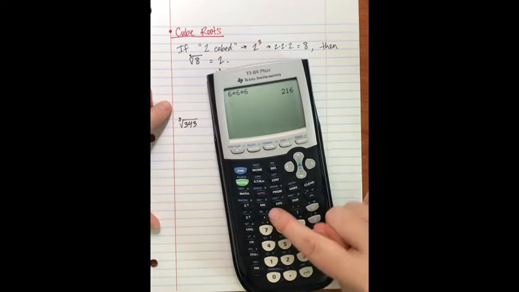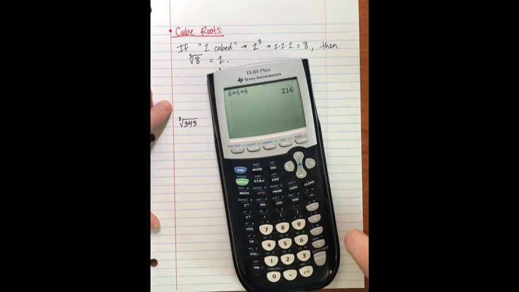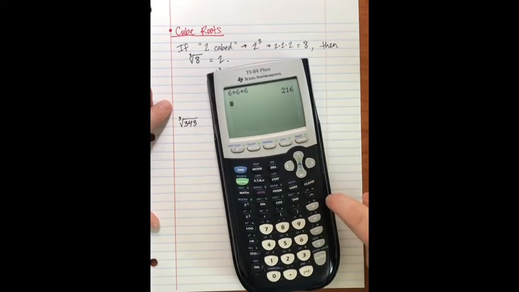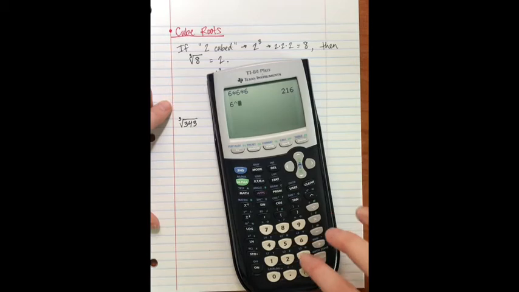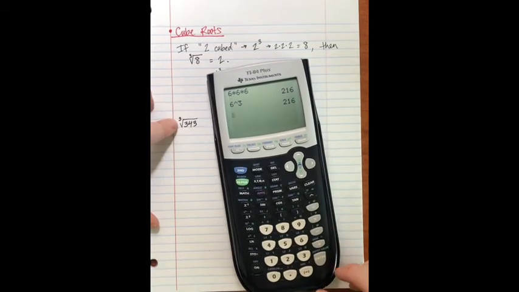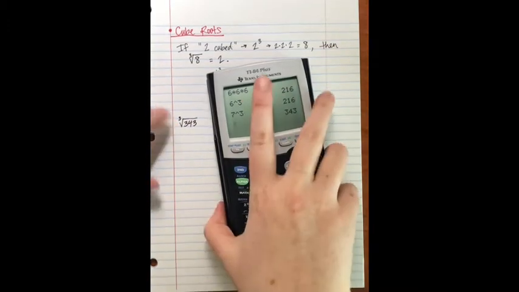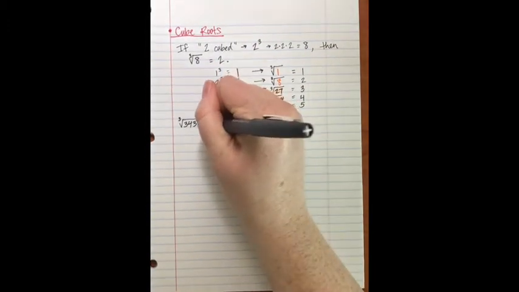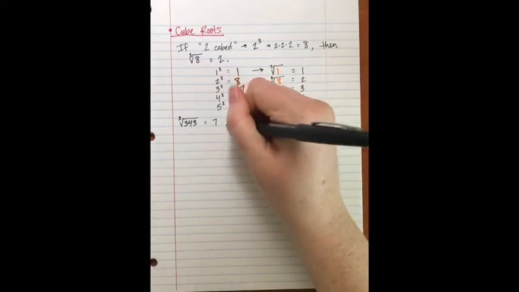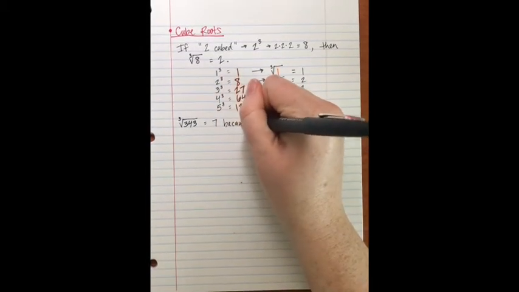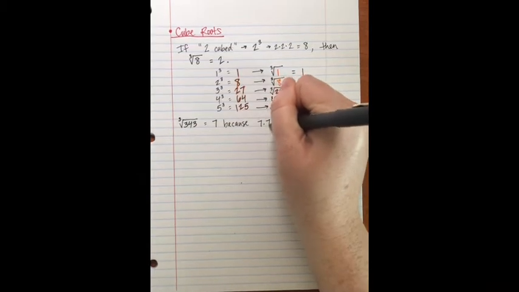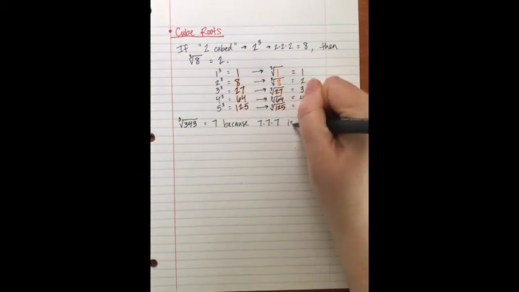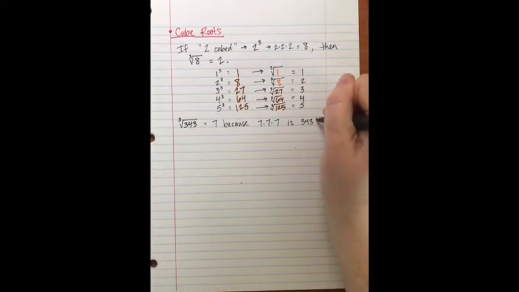Okay, and if you remember, you all should have a little exponent button. It looks like probably something like this on your calculator, the little upward arrow. I could also type it in like that, 6 to the 3rd power, 216. All right, so maybe it's 7 cubed. Yes, it is. So the cube root of 343 is 7 because 7 times 7 times 7 is 343.